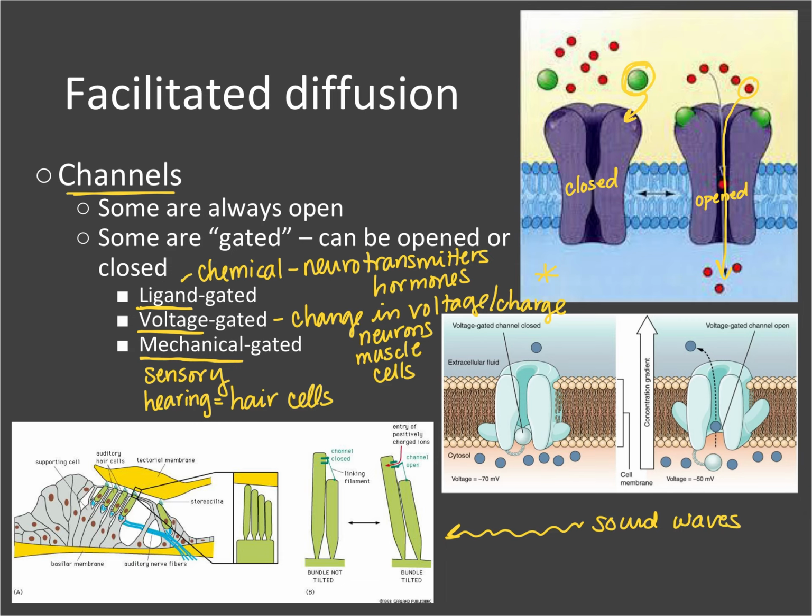And when it bends these structures, it opens up a channel and it allows something to cross that channel. And that's how the information gets converted from sound waves to a signal that your brain can understand and process.